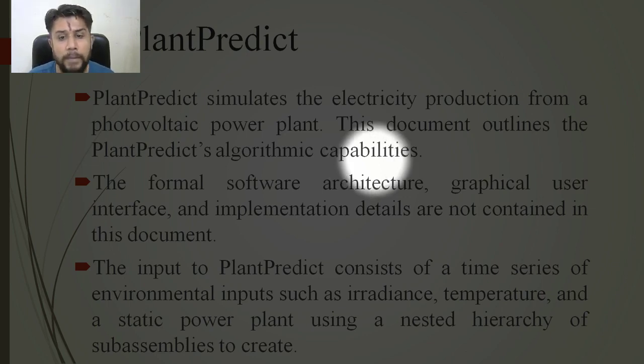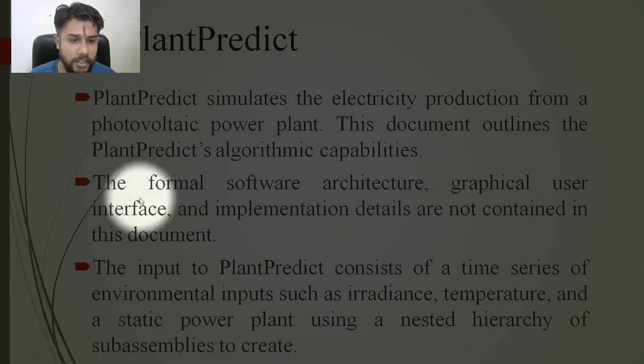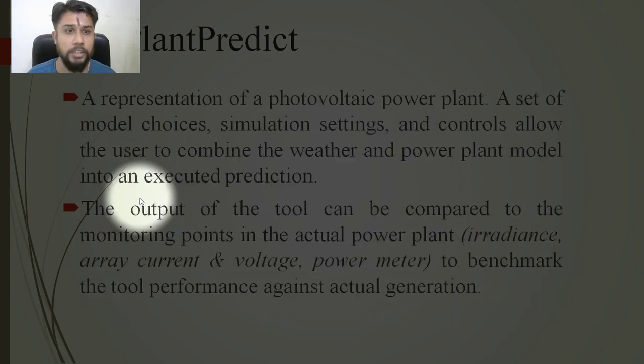The input to PlantPredict consists of a time series of environmental inputs such as irradiation, the amount of radiation from the sun, and the temperature at that location, along with the requirements of the power plant. It is a nested hierarchy of sub-assemblies to create the actual power plant at your location.